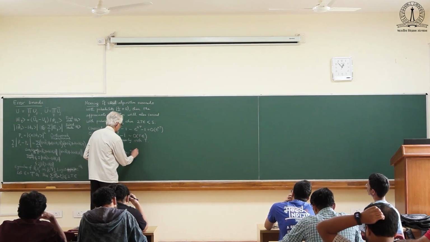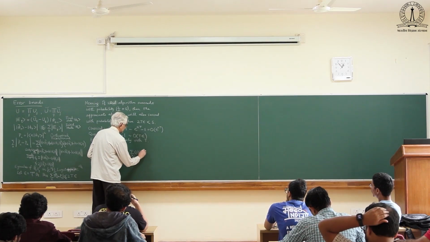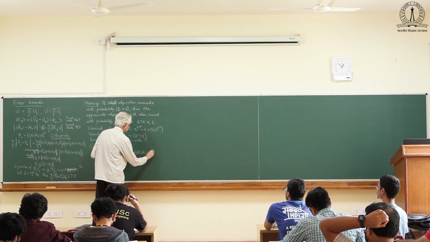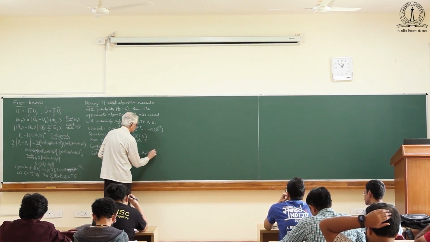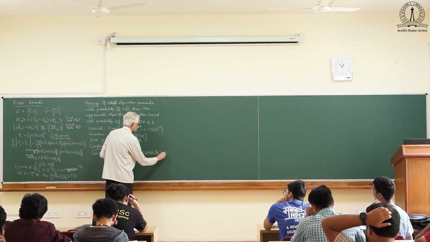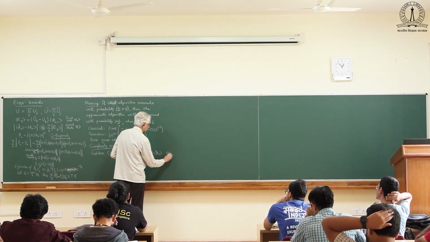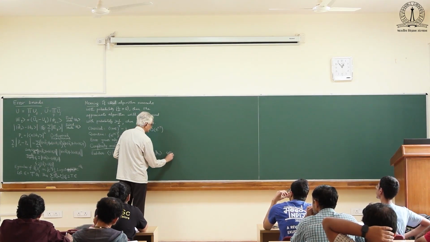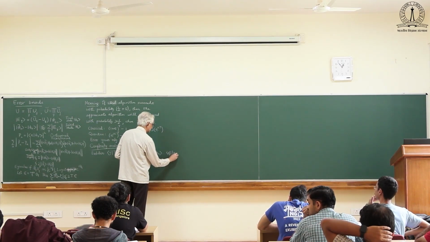So I can write this as f, u_t, times x_t, u_{t-1}, etc., going all the way to x_1, u_0, and then there will be x_0.